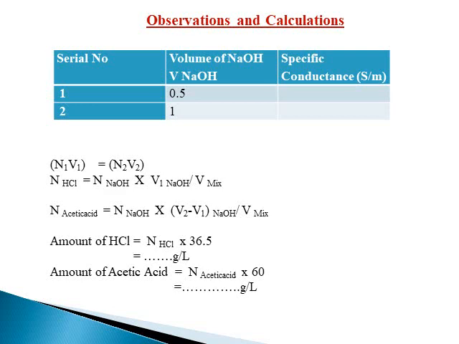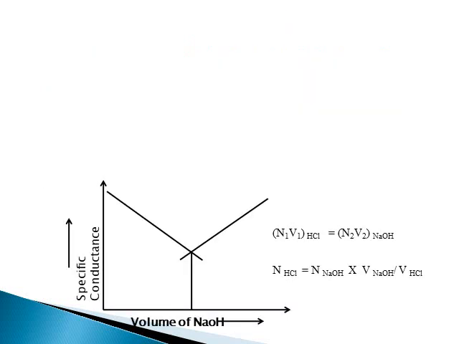And normality of acetic acid is calculated, and that is multiplied with 60. 60 is the molecular weight of acetic acid. So you will get so much gram per liter. So when you conductometrically estimate, you can calculate the normality of both strong and weak acid, and the amount of both strong and weak acid.